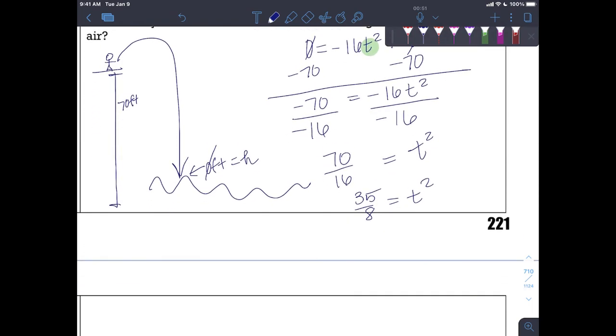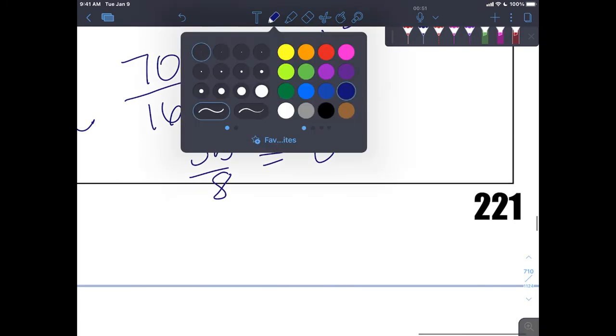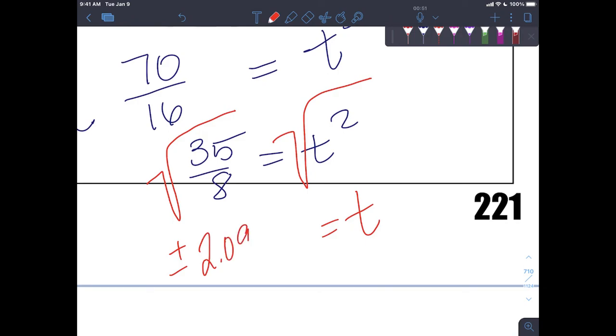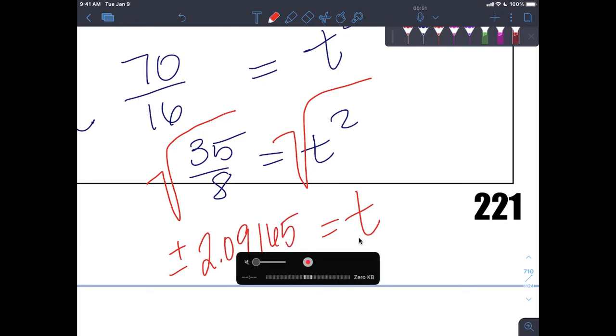We'll go ahead and take the square root of both sides anyways. So when I take the square root, it gives me a really ugly number. So it's telling me that my answer is time equals 2.09165 seconds, either positive or negative.